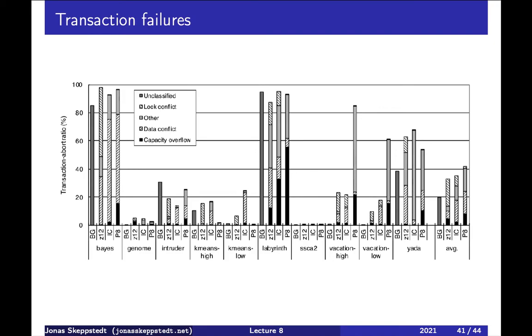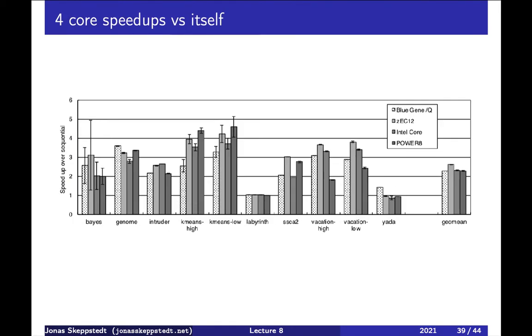So I think this will be more and more widespread, and it's already in machines from IBM, Intel, AMD, and ARM. Okay, and as you will see when you do the lab, it is seriously more easy to parallelize programs with transactional memory.